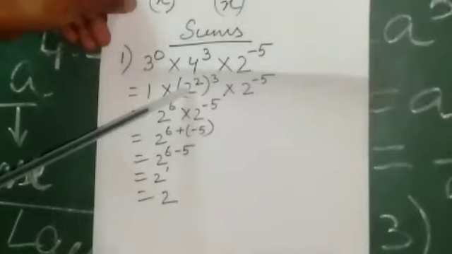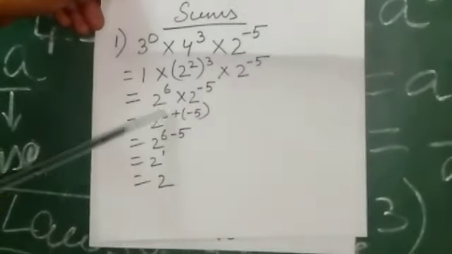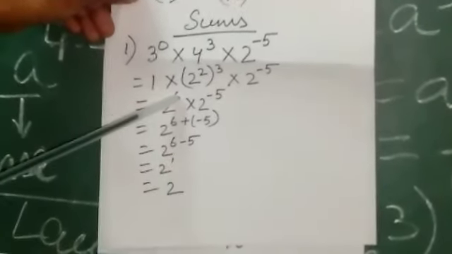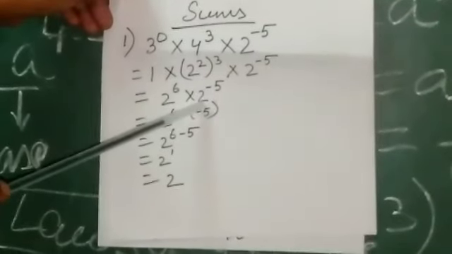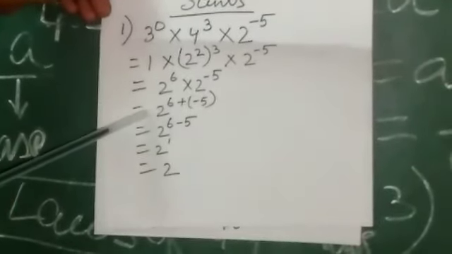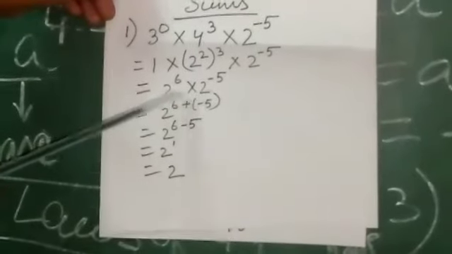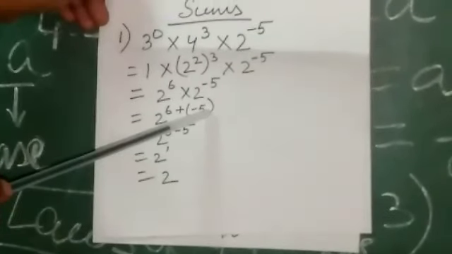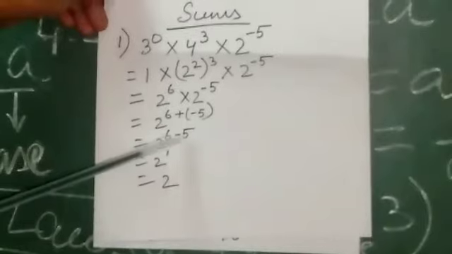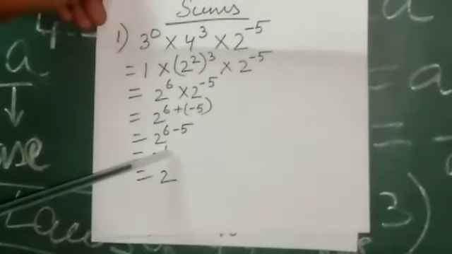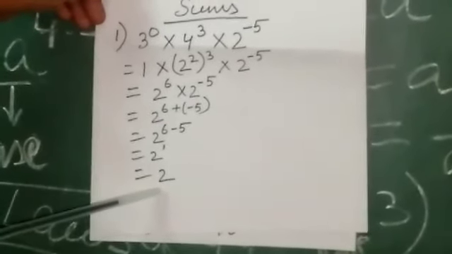So 2 to the power 2 whole to the power 3 can be written as 2 to the power 6, into 2 to the power minus 5. If bases are the same, we can add the powers, so we get 2 to the power 6 minus 5, that is 2 to the power 1, which is equal to 2.